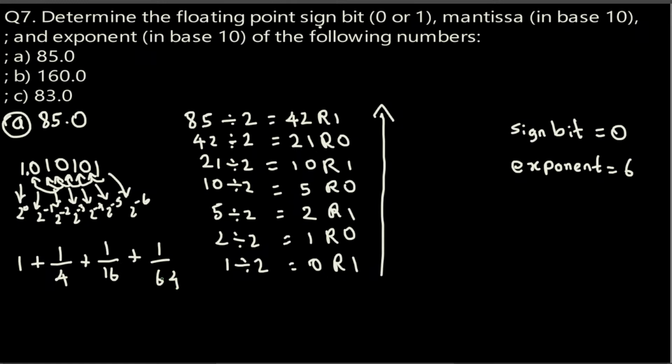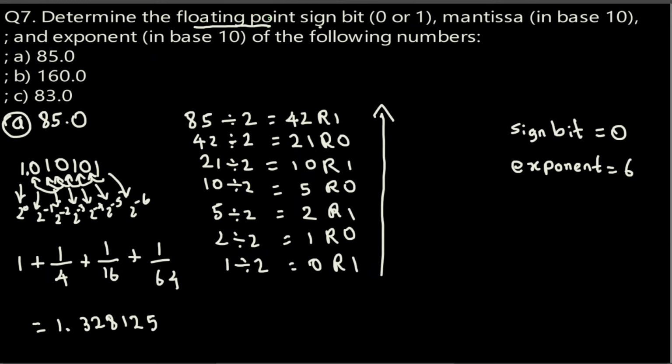So the answer is going to be 1 point and the addition of all these numbers. If you use a calculator and find the value, it's going to give you 328125. But we are not done yet here, because the question mentioned floating point.